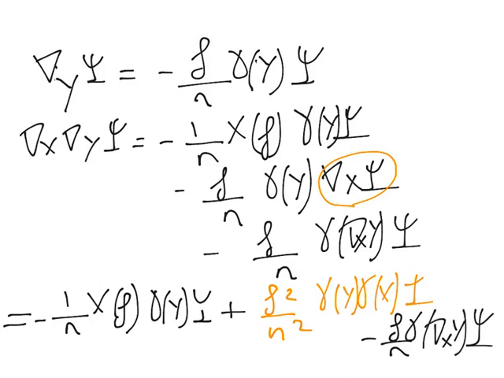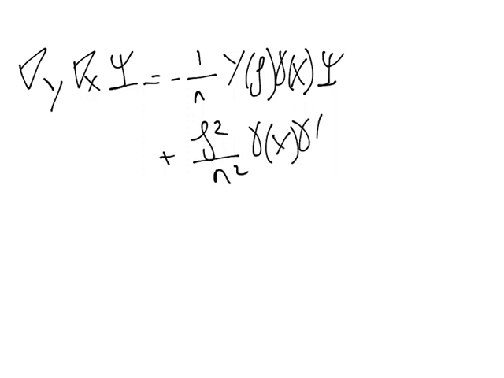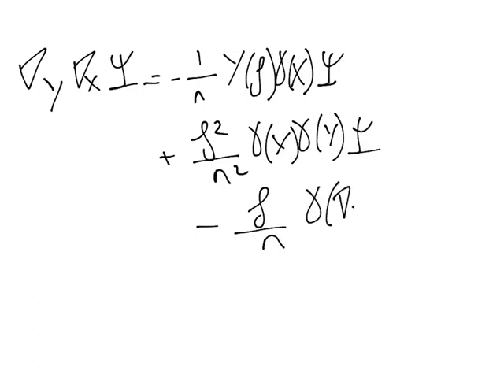In a similar way, one can calculate nabla y, nabla x of psi, to get minus 1 over n y of f gamma x psi plus f squared over n squared gamma x gamma y psi minus f over n gamma nabla yx psi.